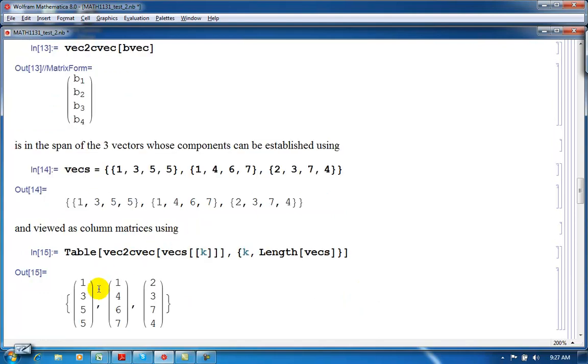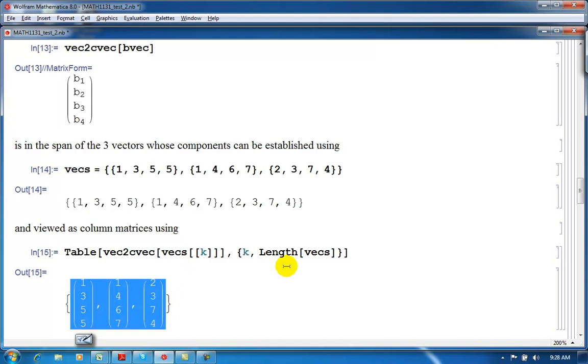So they're the three vectors. So the question is to find the values of b such that it's in the span of these vectors.